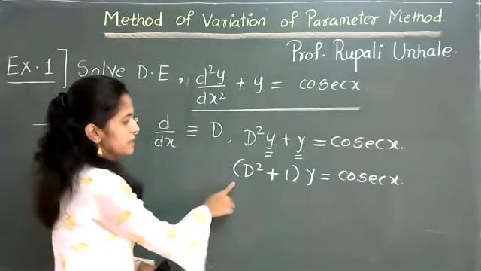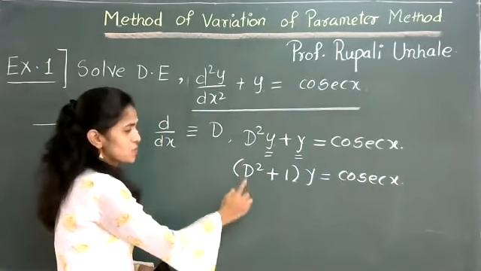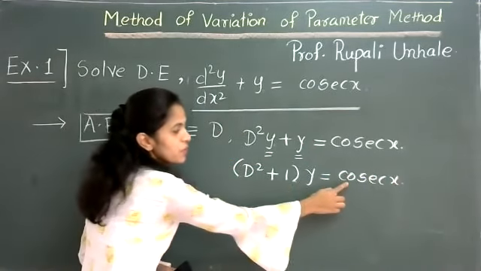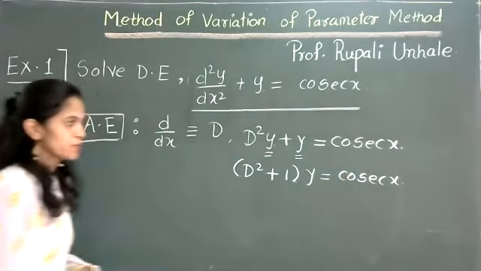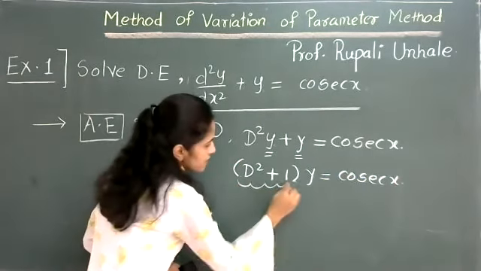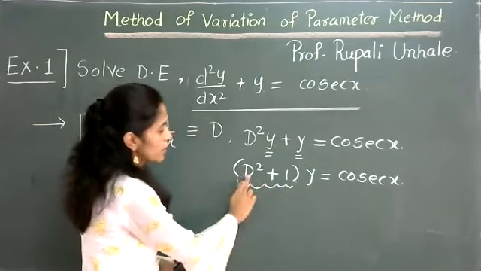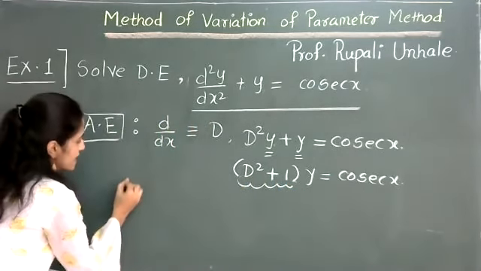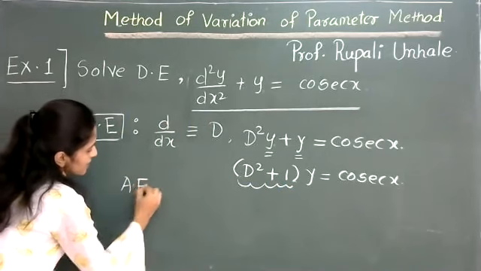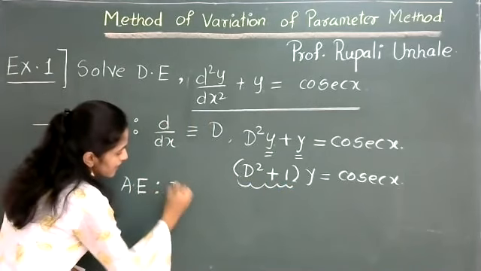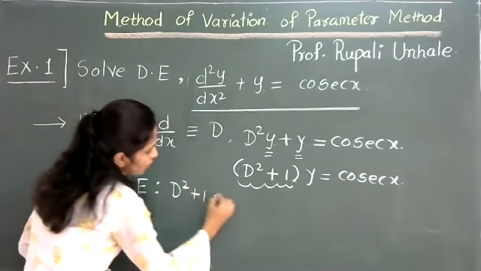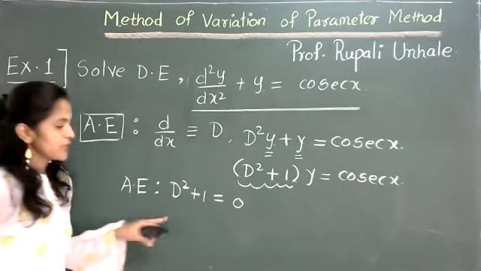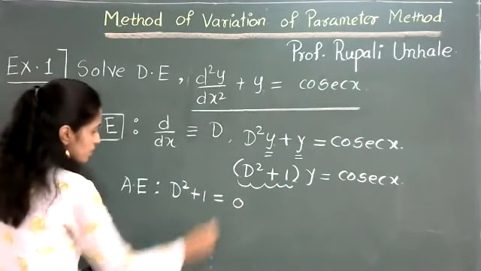This D square plus 1 is a polynomial in D, and equating that polynomial to 0 gives the auxiliary equation. So D square plus 1 equal to 0.